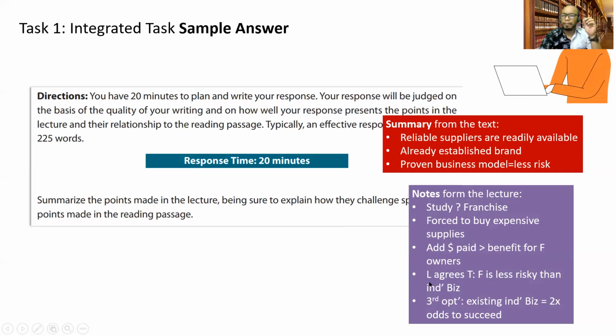And the next point here shows that the lecturer agrees with the text in that franchise is less risky than an independent business.